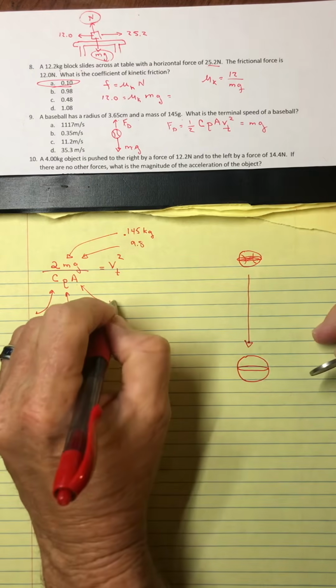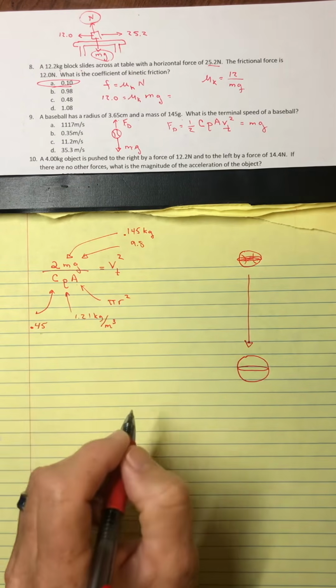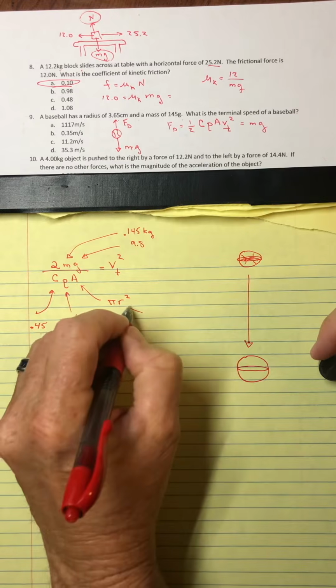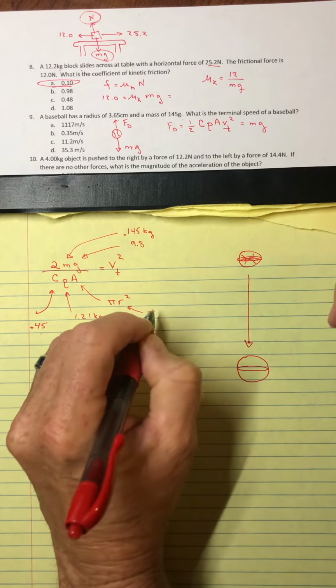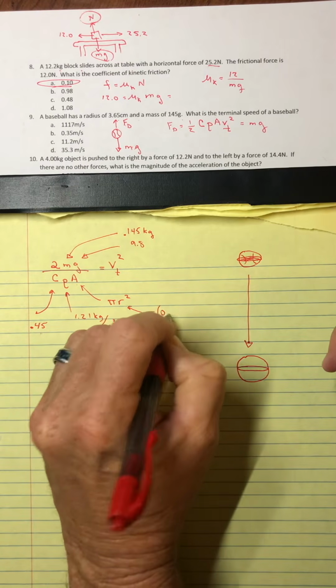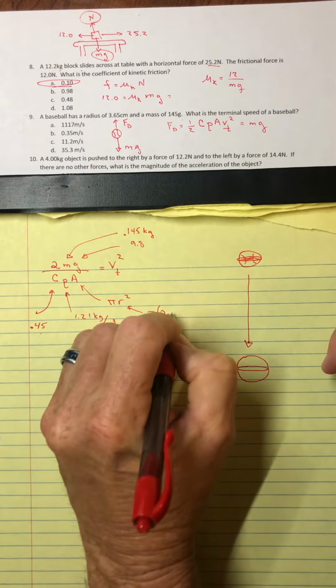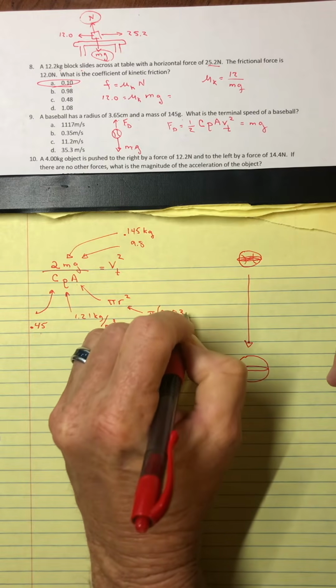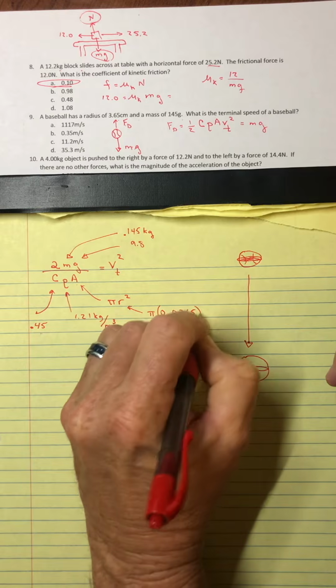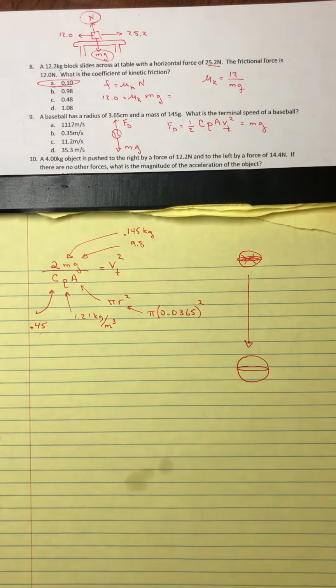And so this would be pi r squared. And they give us the radius. But again, a little warning here, they give us the radius in centimeters. So we're going to want to make sure we watch our units here and put it in meters.